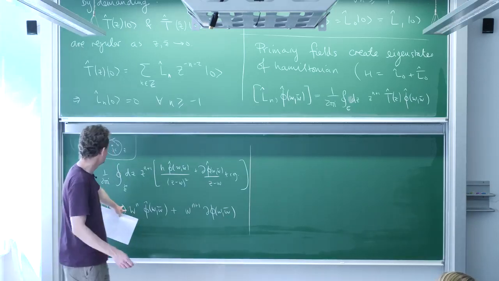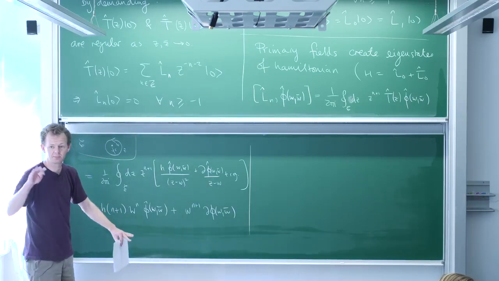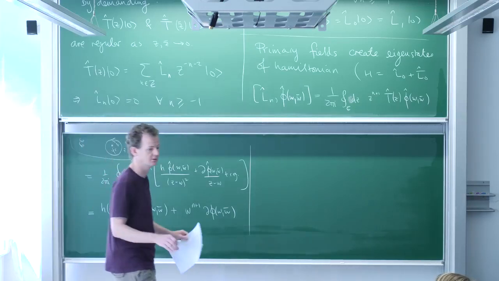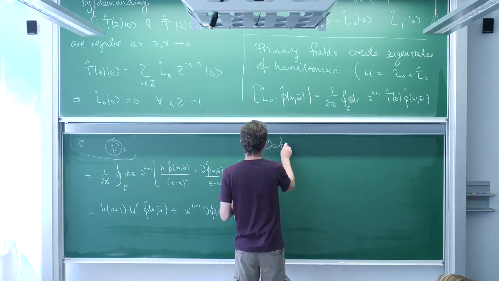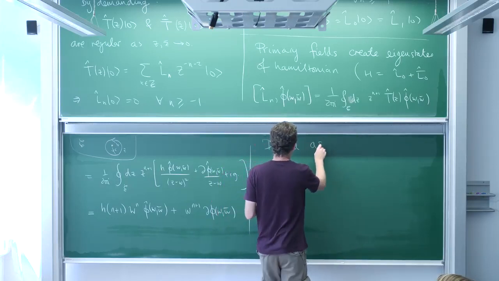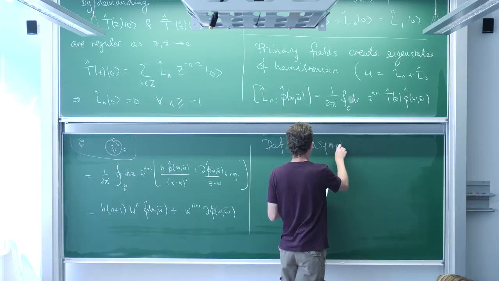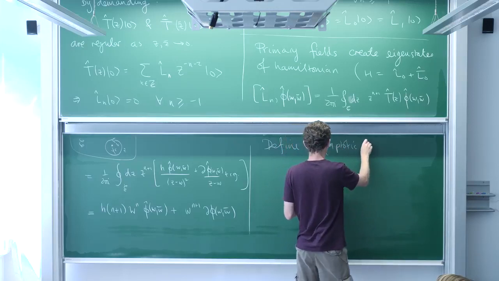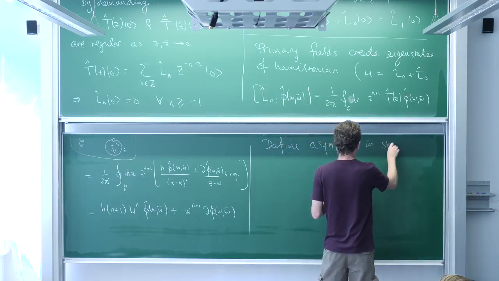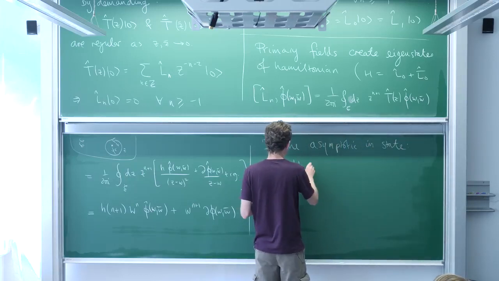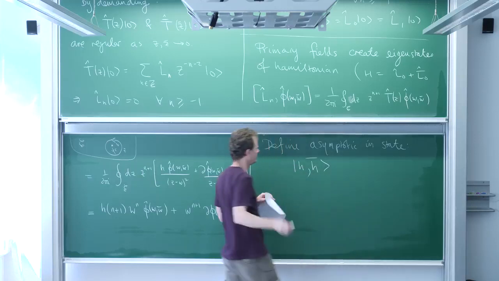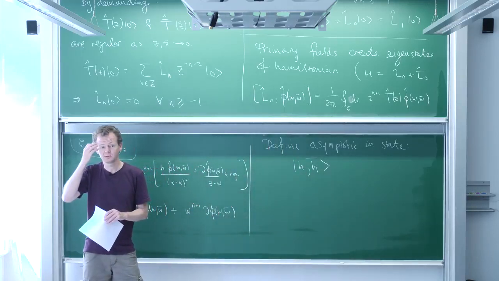And this is really a useful formula to ladder between eigenvectors of the Hamiltonian. So let's do exactly that. We're going to define an asymptotic in-state corresponding to our primary fields.